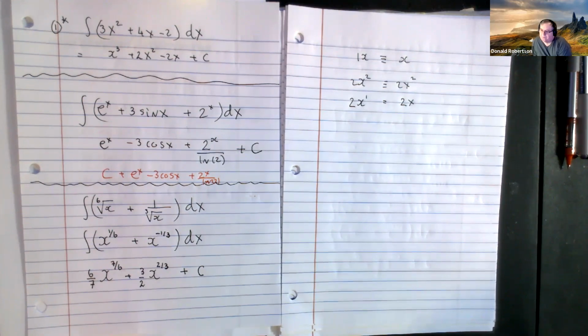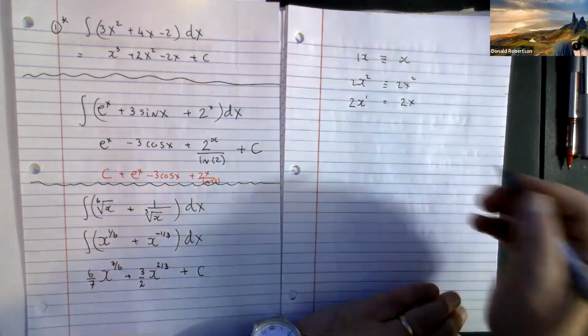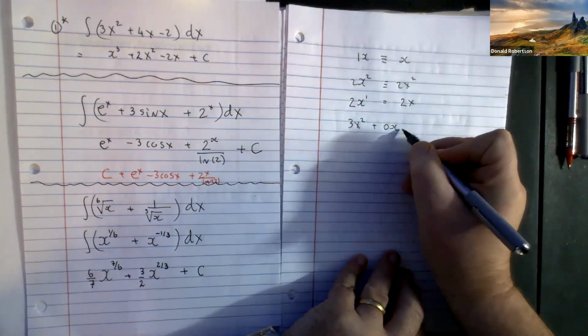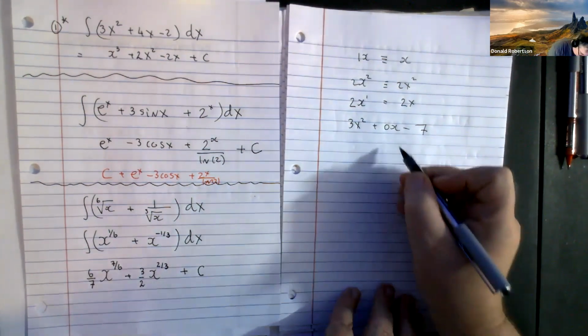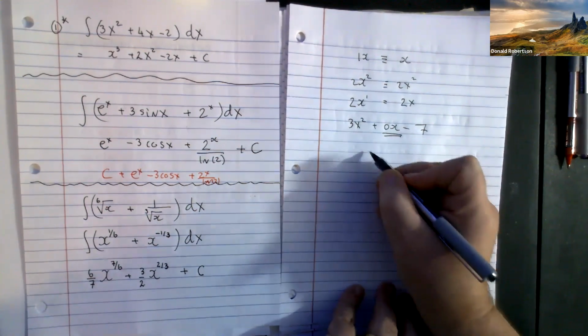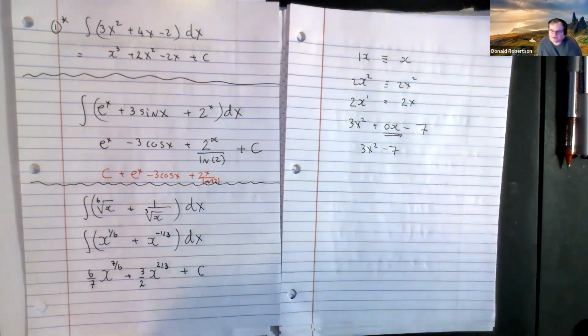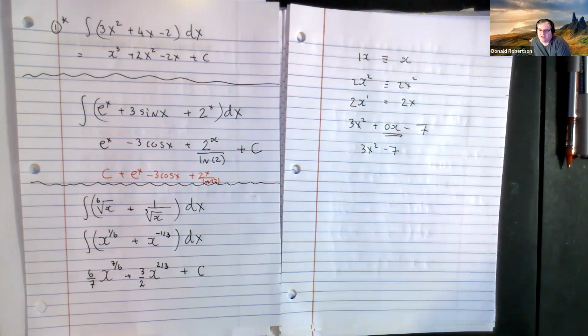We've all agreed on that. We've all agreed on all sorts of rules about what you should and shouldn't write. For instance, if I do a calculation and it ends up looking like this, you don't write 0x. We all have decided that 0x is pointless. If you don't have any x's, don't bother writing 0x down.